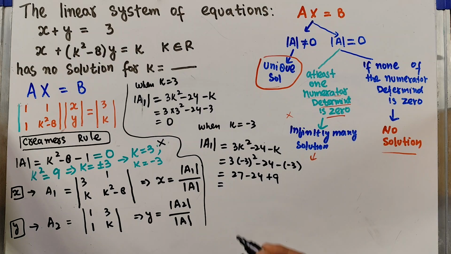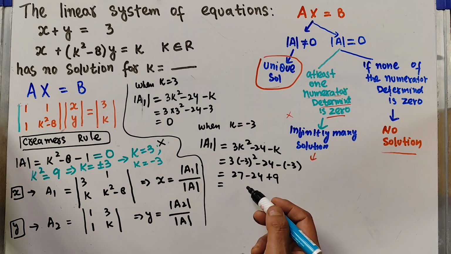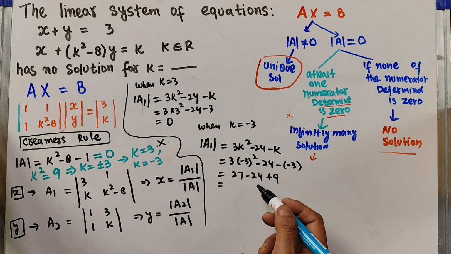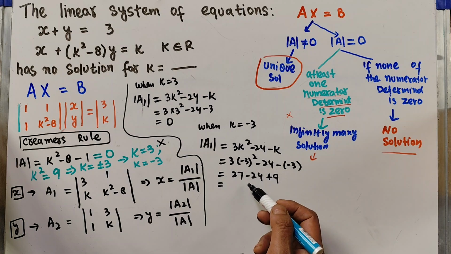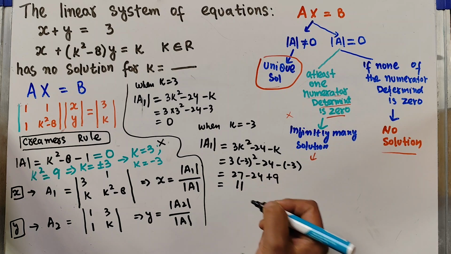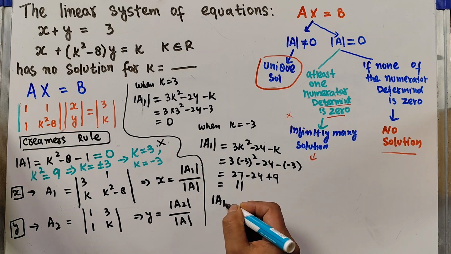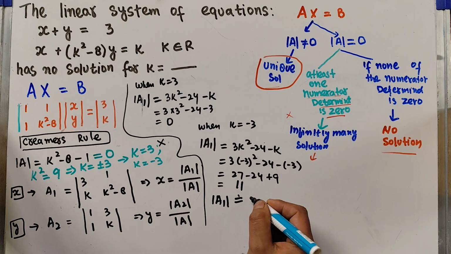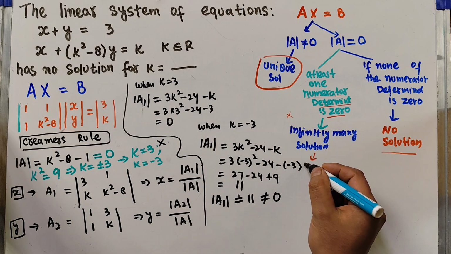Okay, here it comes out to be, am I doing it correctly or not? So we have 27, so now I guess it is equal to 11, and it is not equal to 0 here. Here we see that a1 is equal to 11, which is not equal to 0. And we have to see for a2 also.